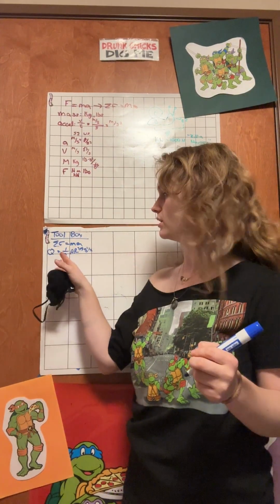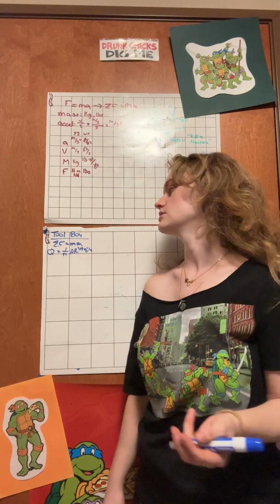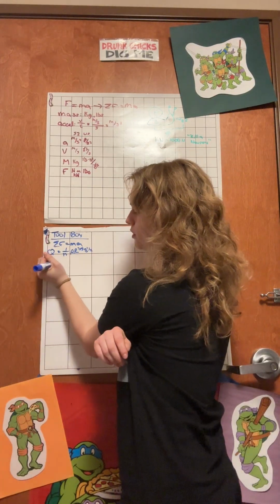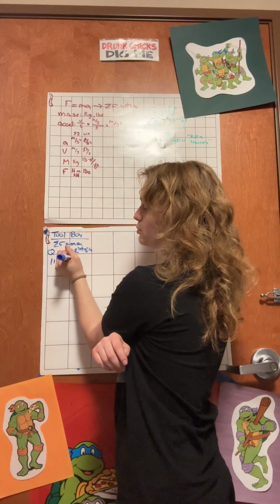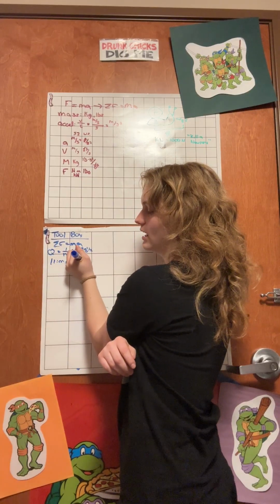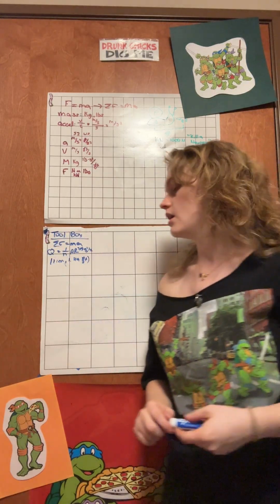The 1 over n changes. The 1 is for if it's in meters, but 1.49 if it's in feet. Clock it.